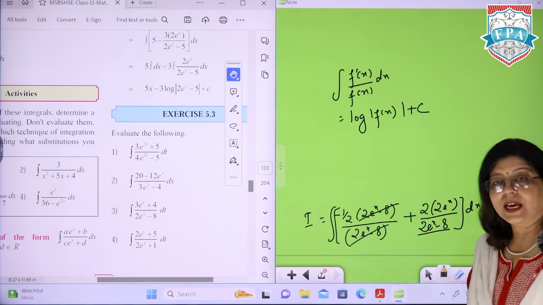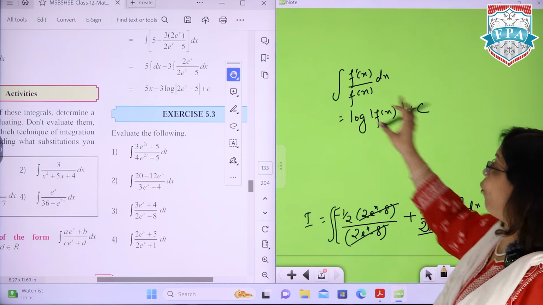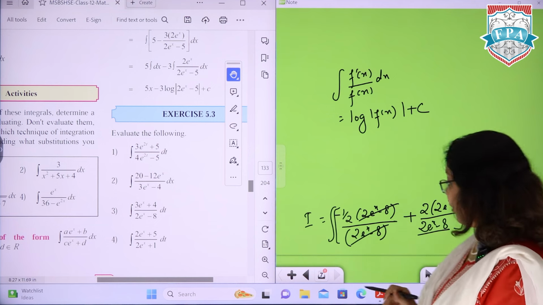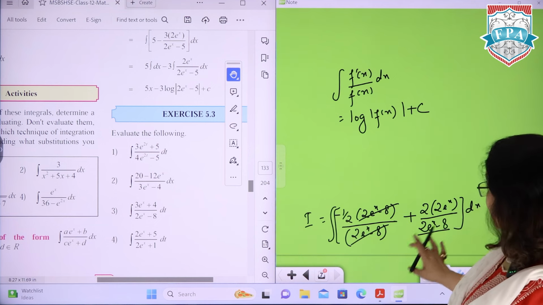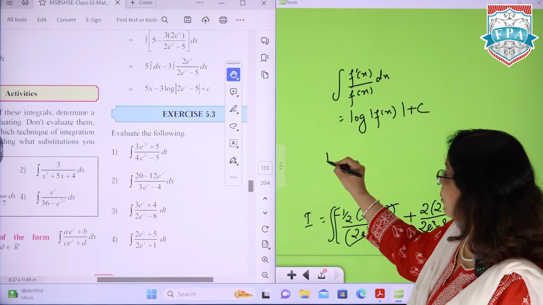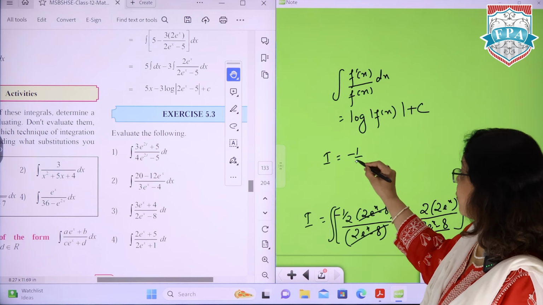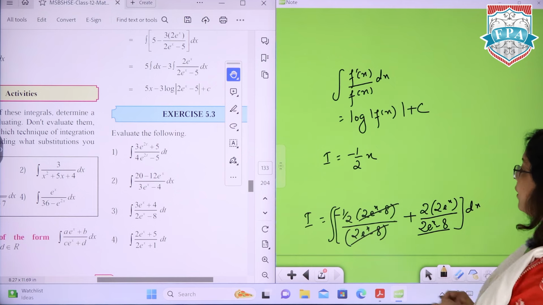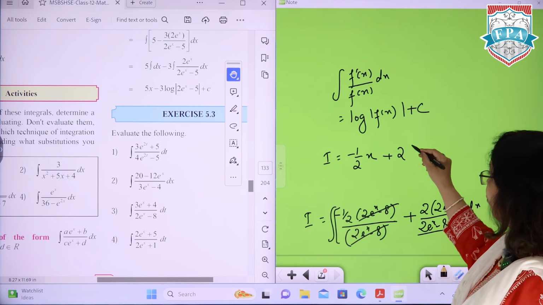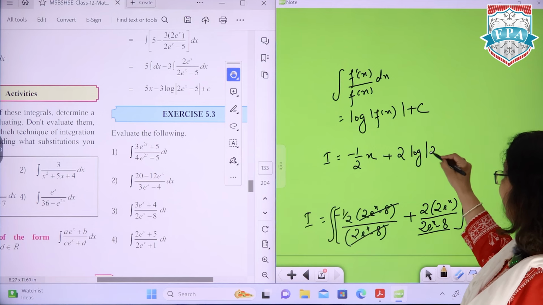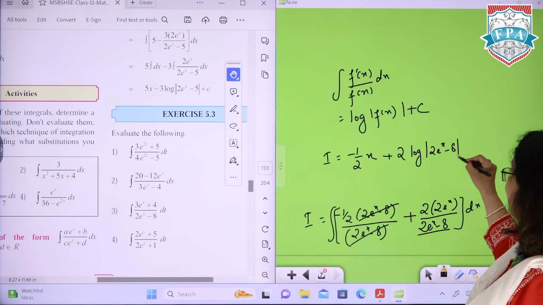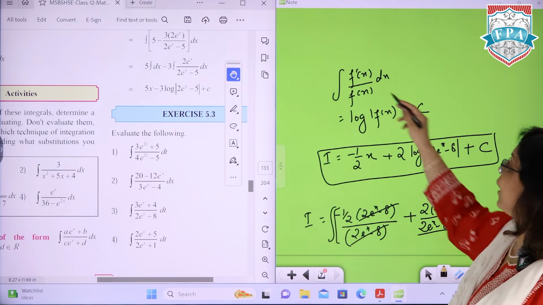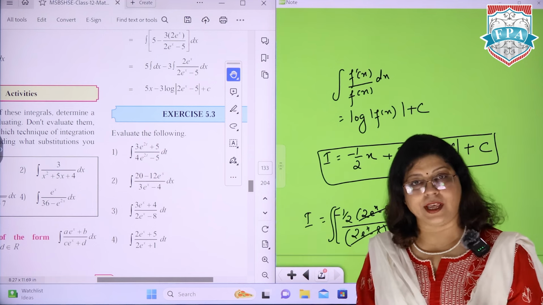So when you apply this in the question, definitely write this formula on the side, so that the teacher knows that you are applying this particular formula. So when I'm applying this formula here, the question actually goes as minus 1 by 2 x, because this term has cancelled, and here it is 2 log of the denominator, 2e to the power x minus 8 plus c. And this is your final answer. You have to write this formula briefly on the side.